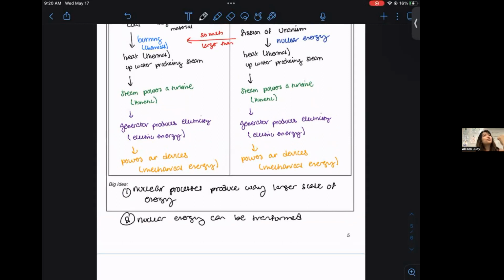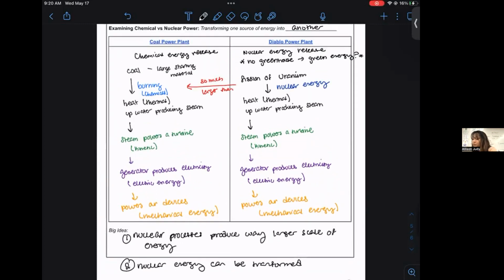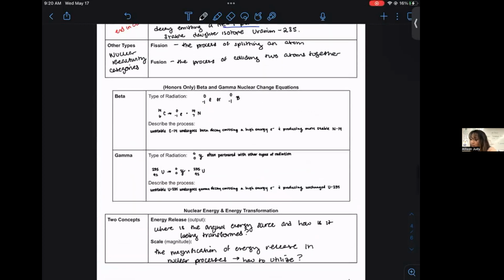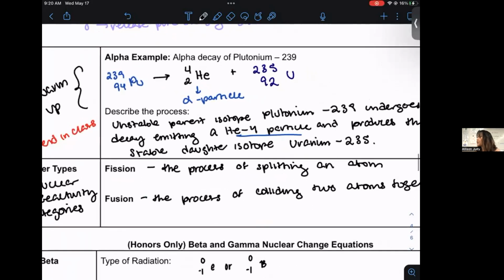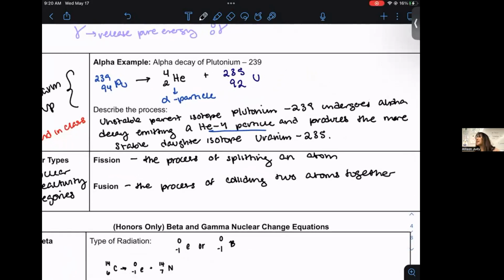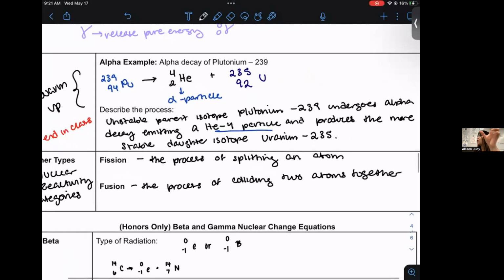Okay. For the test, you will be asked to explain and write the nuclear change equation for an alpha decay, and then explain it verbally. When I had you write in your description here, describe the process, you will be asked to do a similar thing where you not only take the equation model, but you also tell me in full sentences.